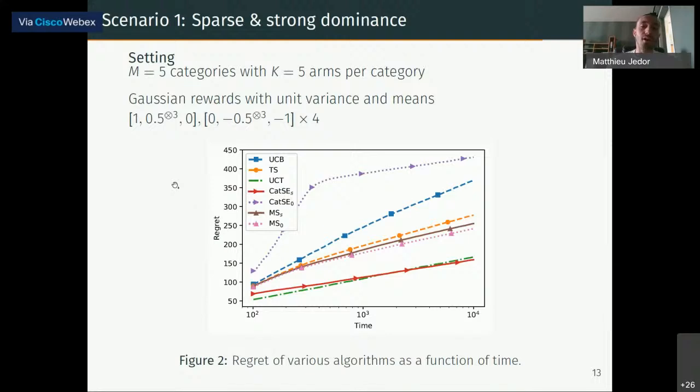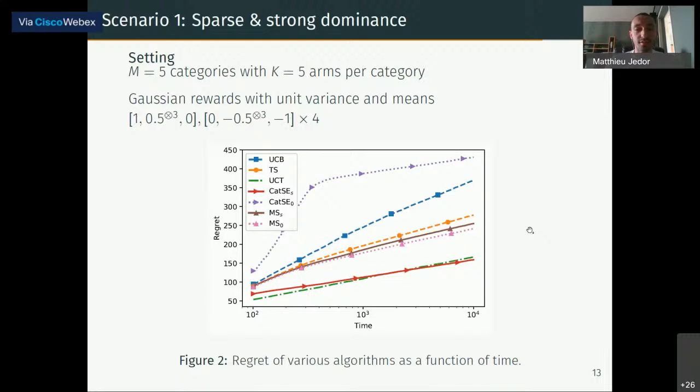So we compare our algorithms to the two unstructured bandits I have presented at the beginning, so UCB and Thompson sampling, and with the UCT algorithm, which stands for UCB on tree. So this UCT algorithm considers the category structure, but not that one category is better than the other. So we represent the result in this figure.